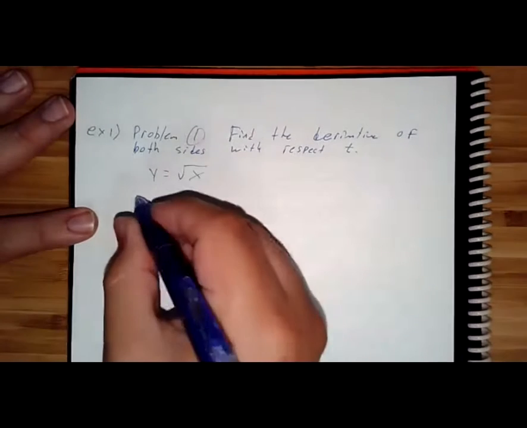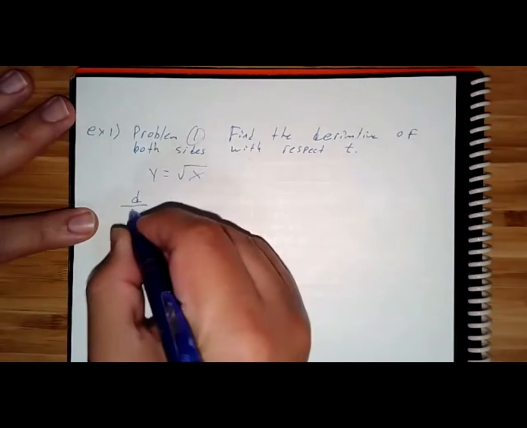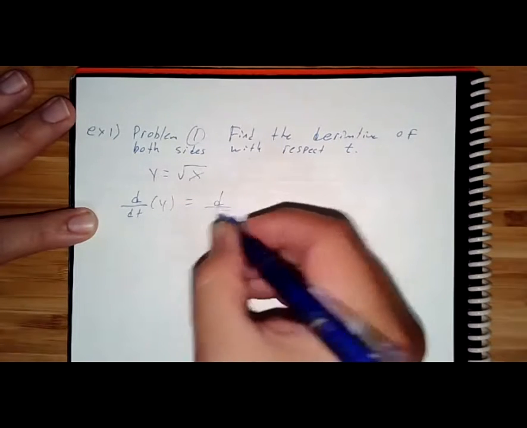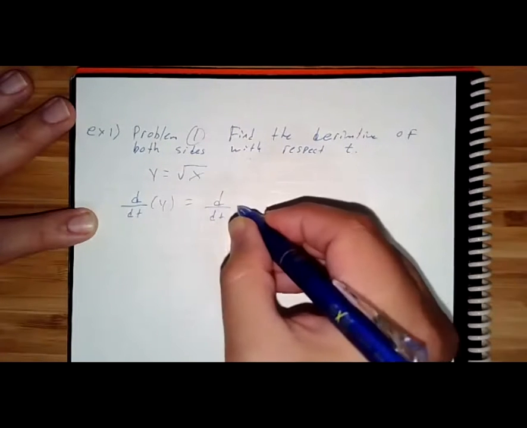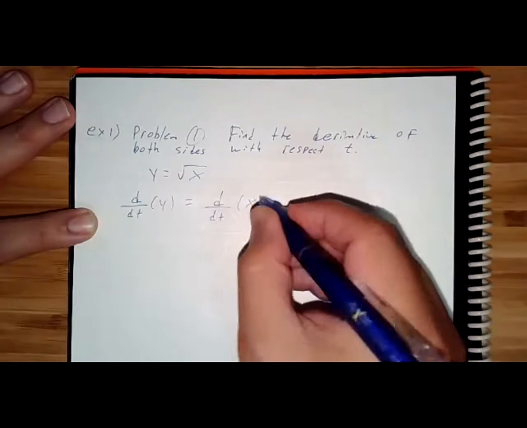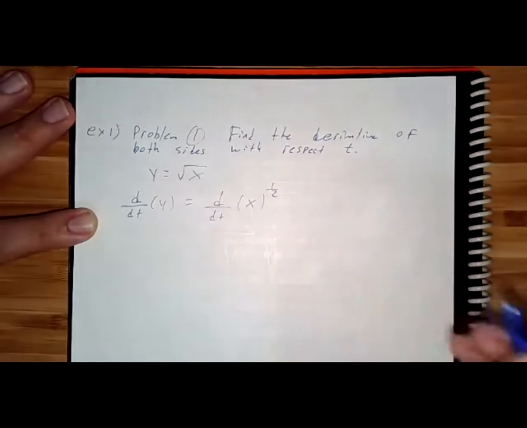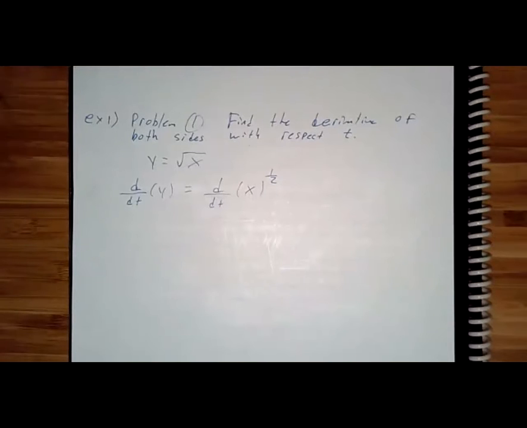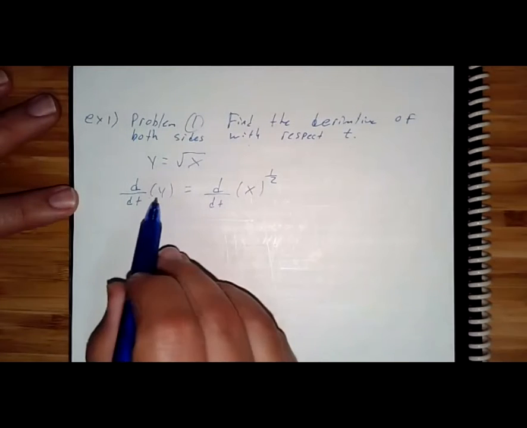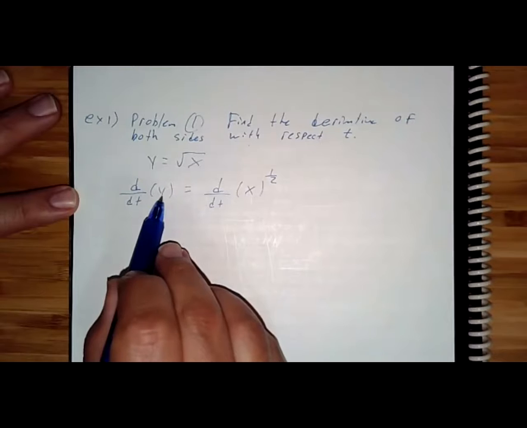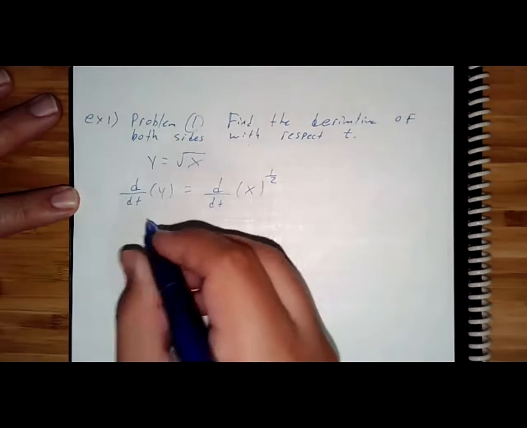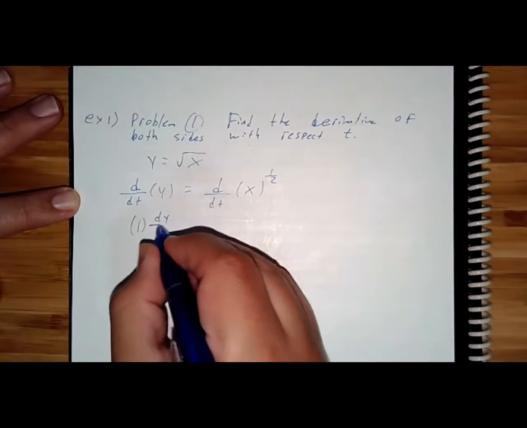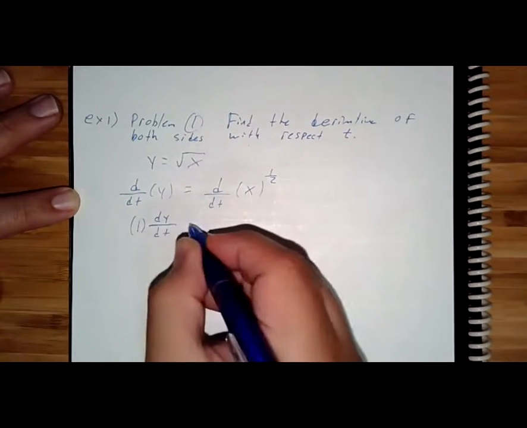So what you're going to do is take the derivative of both sides with respect to time: the derivative of the y, and the derivative of this side, root x. I'm going to go ahead and change it to the 1/2 power. That's the same thing, right? Because we're going to have to do a power rule anyway. The derivative of this is going to be 1 times dy/dt, because that's the chain rule.